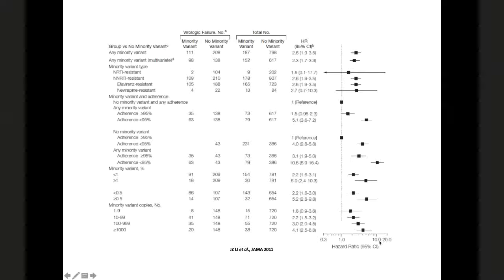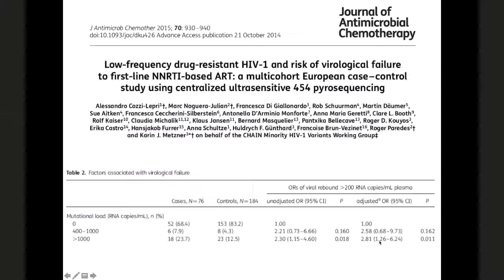I'm not sure if it's significant, but others more recently have tried to define a threshold, not based on percent prevalence, but on the mutational load, or the percent prevalence times the viral load. I think it's an interesting idea, and certainly a hypothesis I would share.